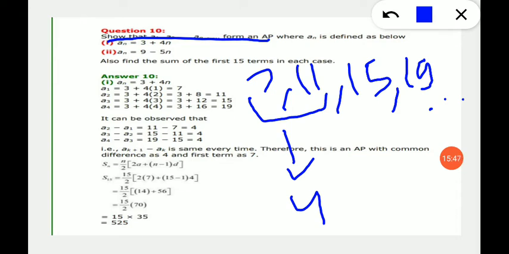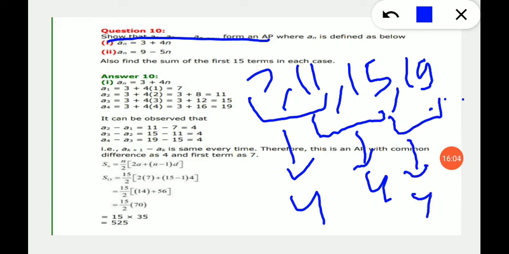Then we will check for second and third term. 15 minus 11, again we get 4. Then we check for next, 19 minus 15, again we will get 4. So always common differences keep coming the same.